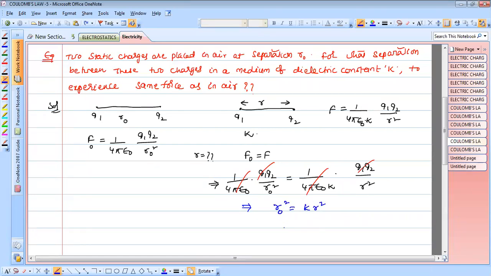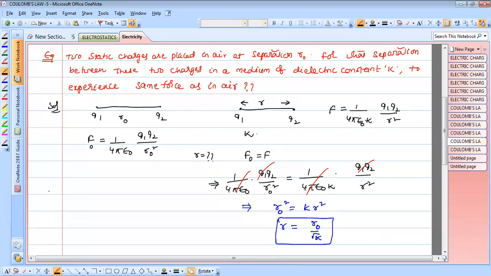We want to find R. Then R equals R naught by root K. This is an important concept here. In air, with a separation R naught, there is some force between those two charges. In a medium, if the distance R equals R naught by root K, it experiences the same force.